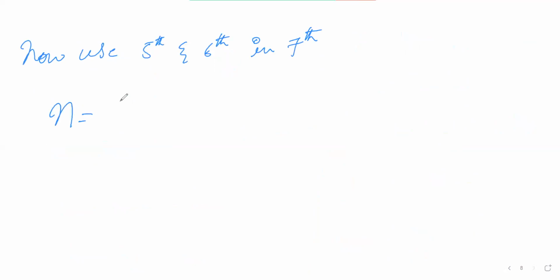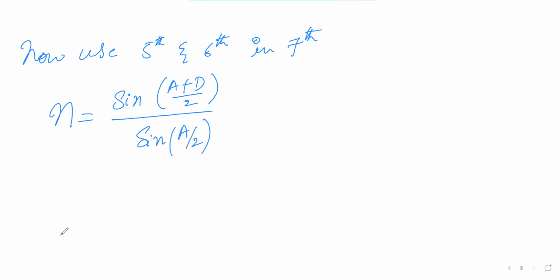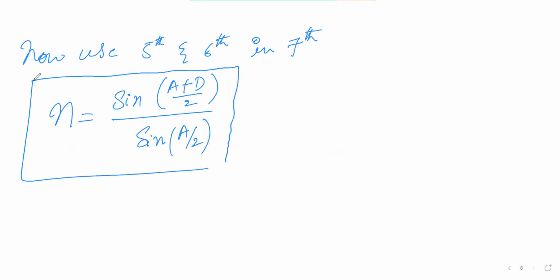So n equals sin i, and i means what here? sin of (A plus D) by 2, whole divided by sin A by 2. You can put it in the box. So this is the formula to find out the refractive index of the prism.